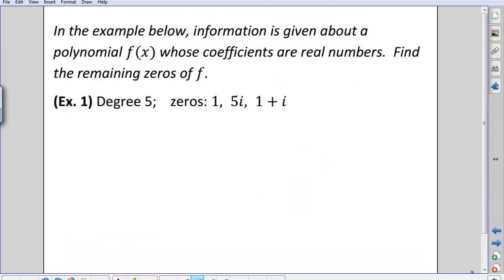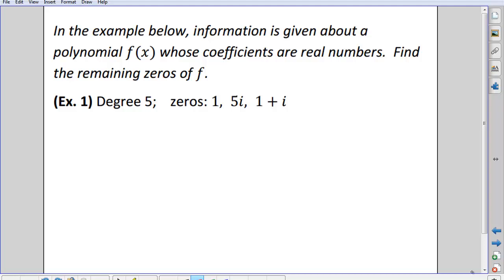All right, so here's an example of something you might see on the homework. We've got some information about a polynomial whose coefficients are real numbers. Find the remaining zeros of f. So it's a fifth degree polynomial, and the zeros are 1, 5i, and 1 plus i. We want to know what the remaining zeros are.